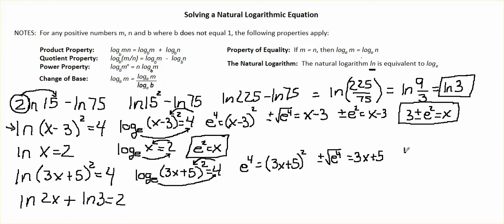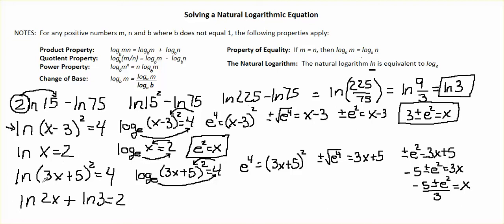That is plus or minus e squared equals 3x plus 5. We move our 5 over, so we get negative 5 plus or minus e squared equals 3x, and then we divide both sides by 3, and when we're done, we have this.